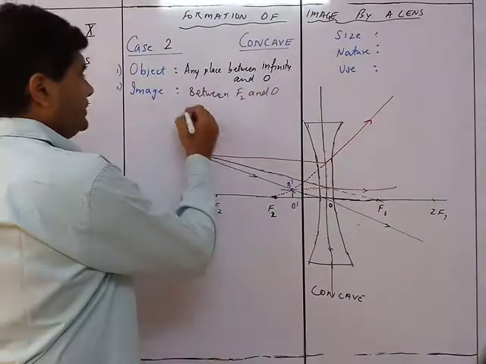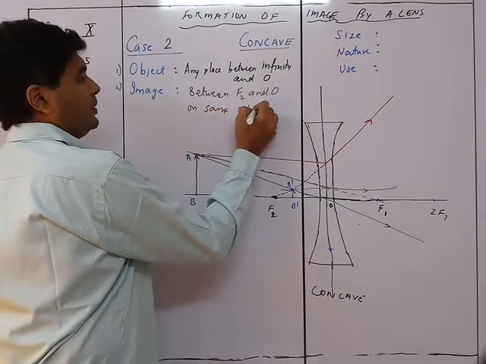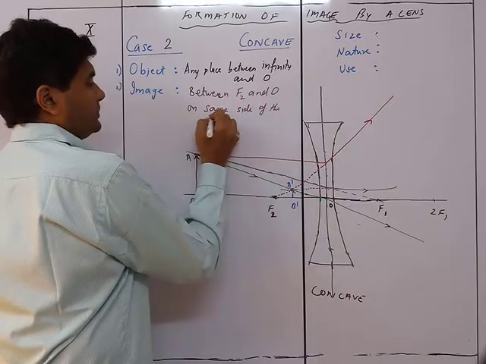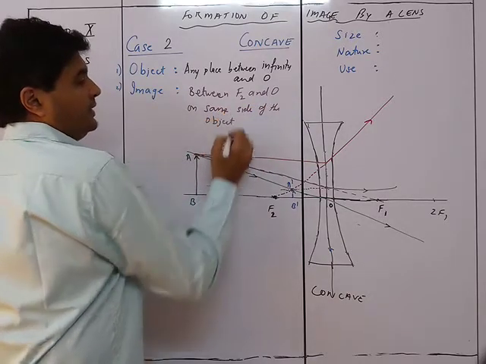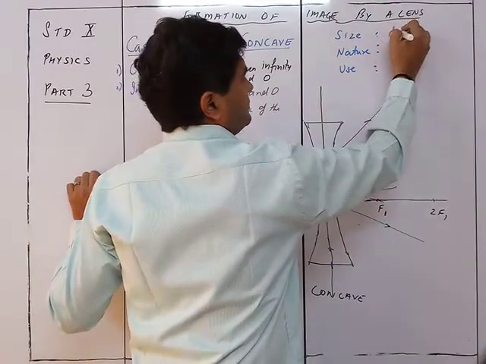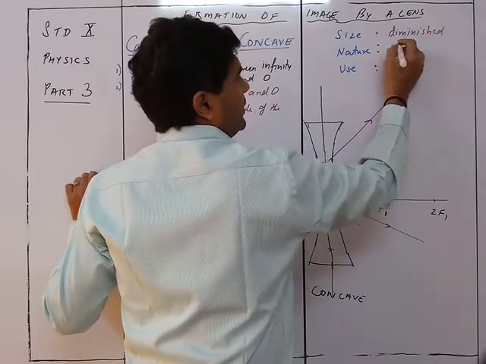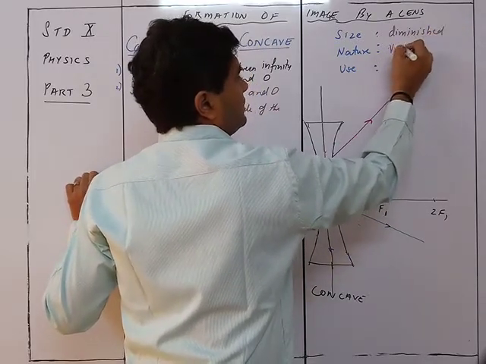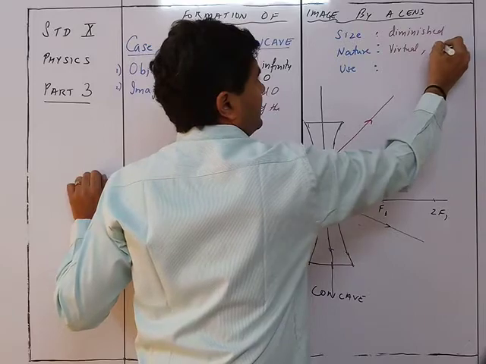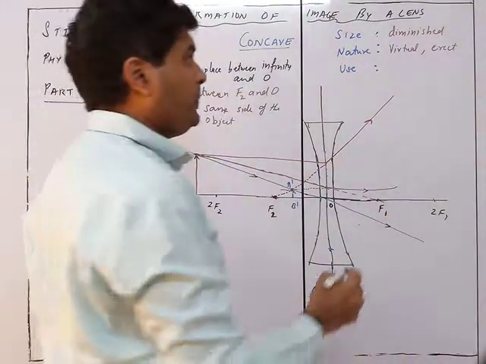Next, size wise, it will be diminished. Nature will be virtual but erect, and this is used for myopic eye.